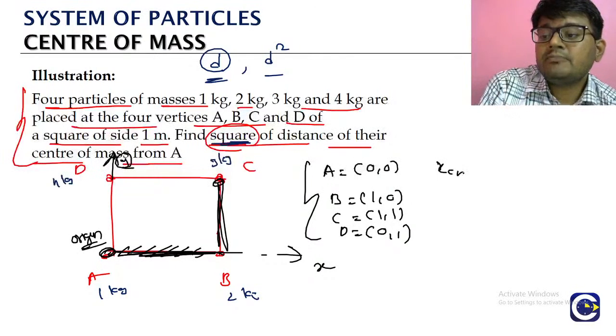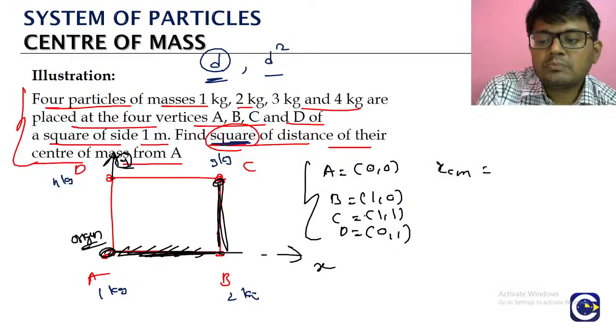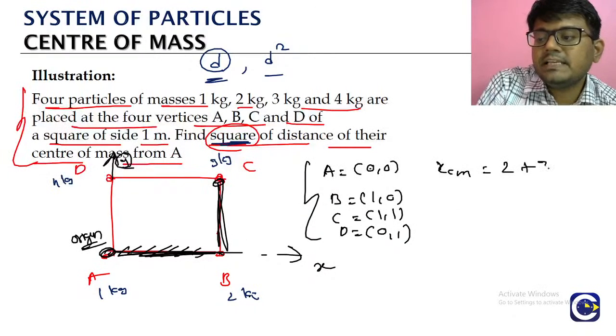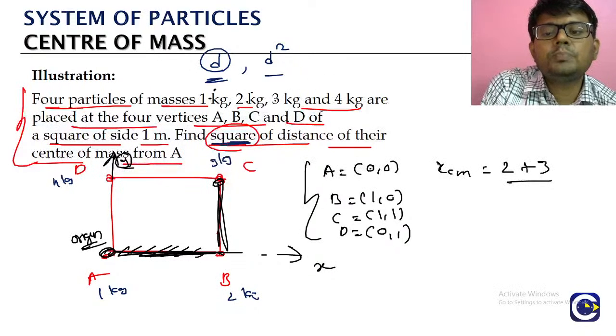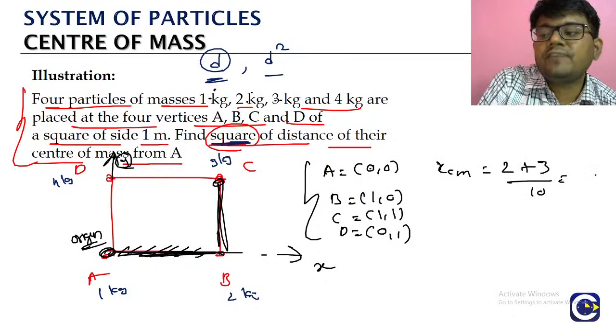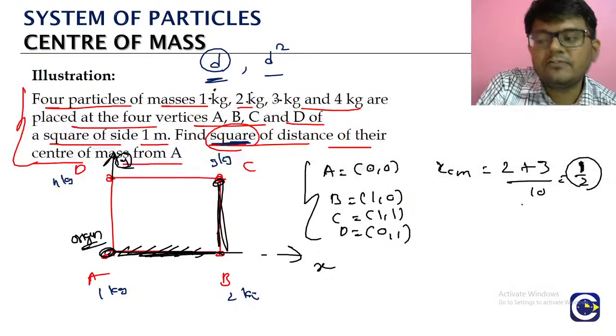Now x center of mass means what? m1 x1 is 0, m2 x2 that is 2, m3 x3 that is 3, divided by m1 plus m2 plus m3 plus m4, that is 1 plus 2 plus 3, 6 plus 4, 10. Numerator is 5. 5 by 10 means half. That is the center of mass x coordinate, half.